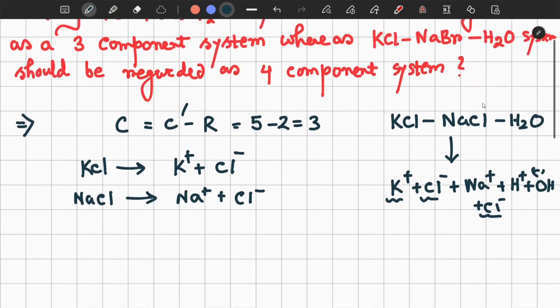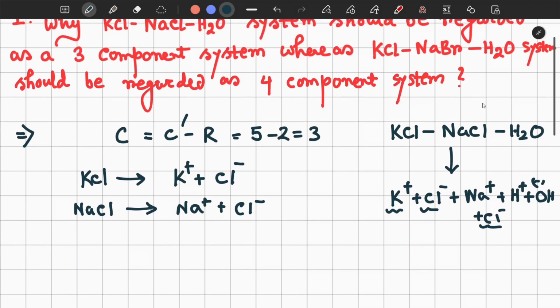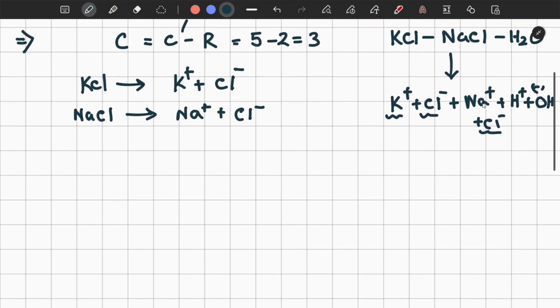That is NaBr. But in case of NaBr, what happens? If I consider the left side, KCl, NaBr, H2O, this is okay in case of NaCl, KCl, H2O. But NaBr does not simply dissolve.